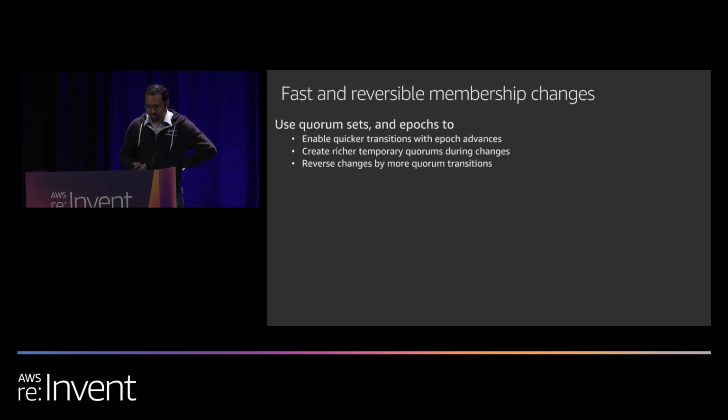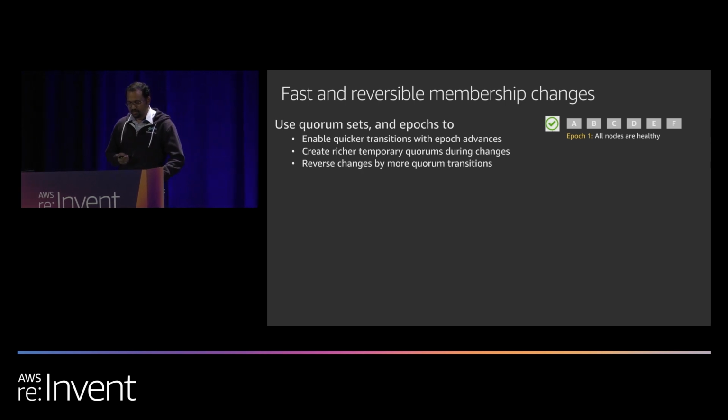We use quorum sets and epochs to do repair. There is an example I can walk you through. Let's assume that there is a 6-way replicated segment on machines A to F, and all nodes are healthy. This quorum A to F is available to the database node.